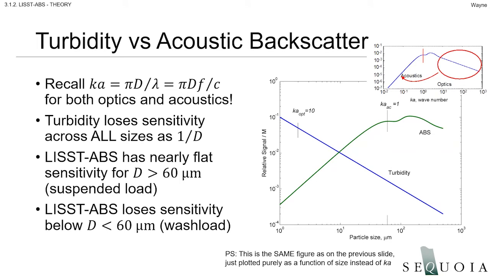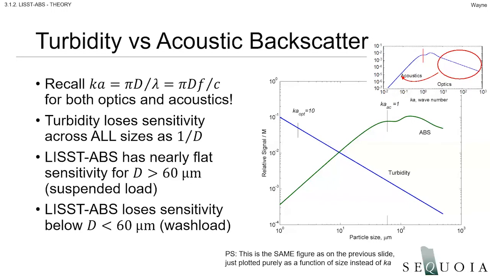So bringing this back up here, it's very important to realize that this plot with the blue and green curves is the same figure we saw in the previous slide. We're just looking at different regimes of that curve for different frequencies or wavelengths. So we can plot that scattering intensity only as a function of particle size.